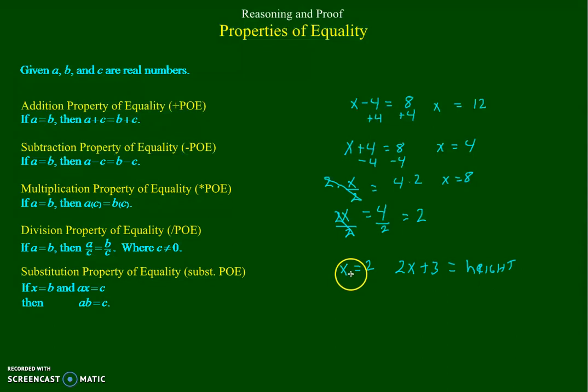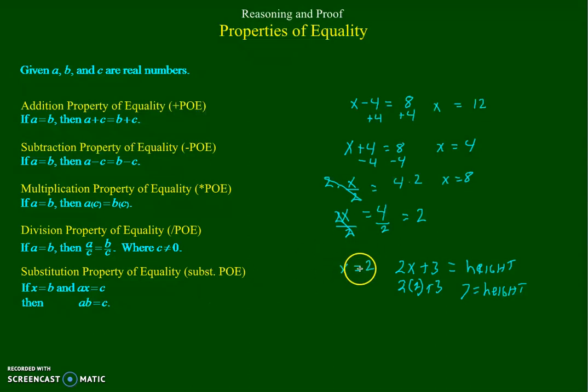So we would substitute the 2 in for the x. So we'd say 2 times 2 plus 3, which would give us 4 plus 3, which would be 7. This would be a use of the substitution property of equality.